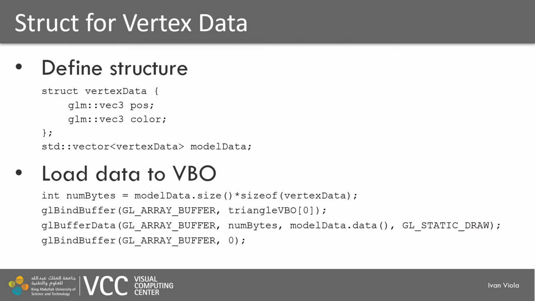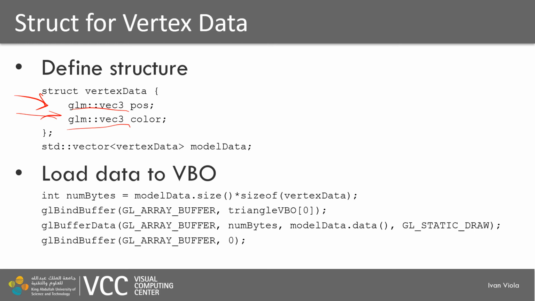If we would like to have a little bit nicer representation on the host side of our array, which is also subject to change, we can use a structure where the first part will be the position defined as a float three-dimensional vector, and the second float three-dimensional vector will be the color.